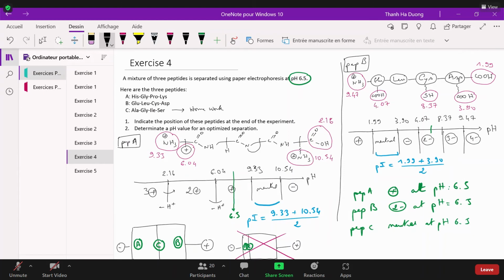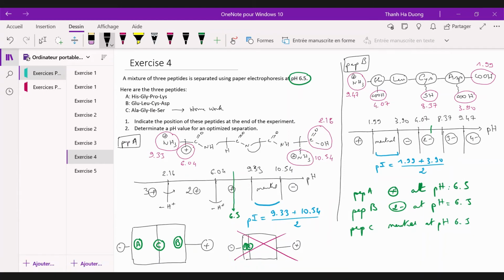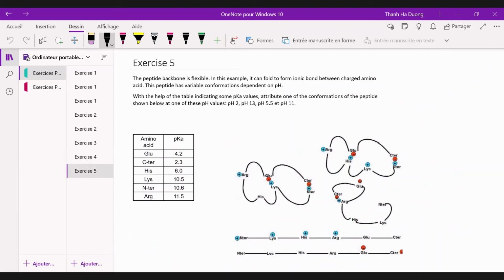Like in exercise 5, we need to determine which part is in a different pH, right? But I am confused when the positive group releases hydrogen. Okay, I understand your question.